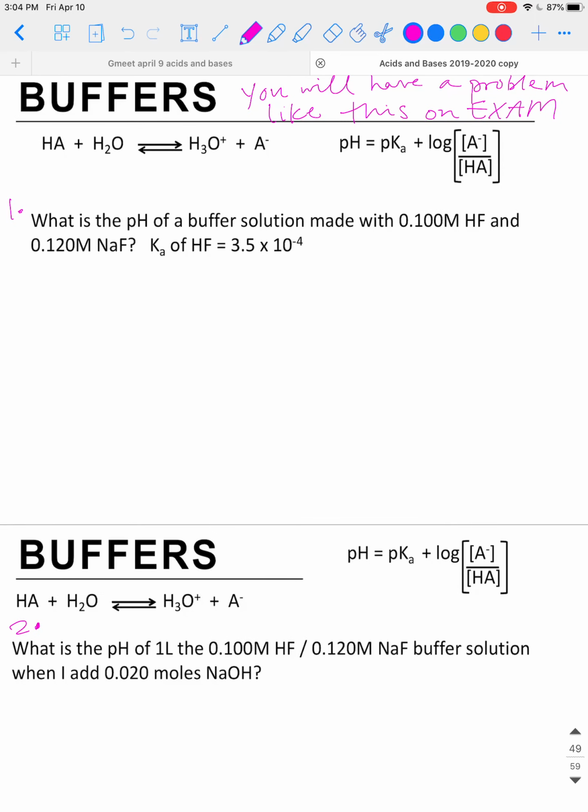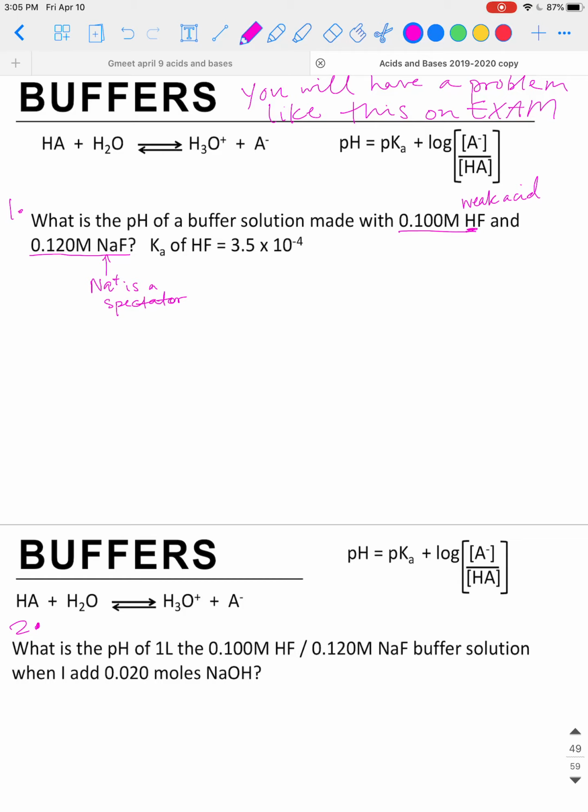All right. Part 1 says, what is the pH of a buffer solution made if we have 0.1 molar HF? This is our weak acid. How do I know? We have a hydrogen here. And 0.12 molar NaF. Okay, anytime you throw a cation on it, here sodium is a spectator.